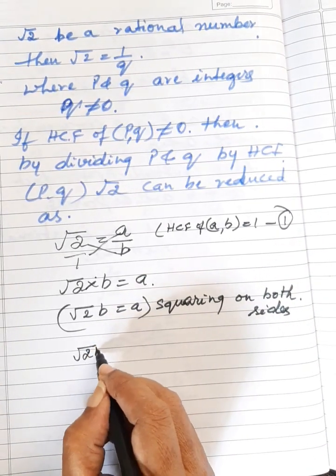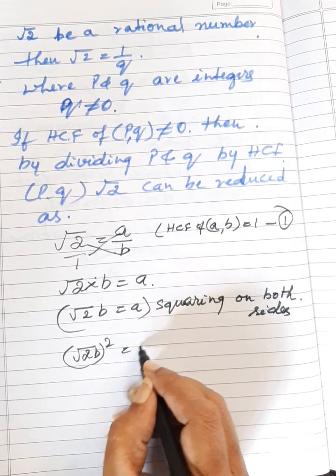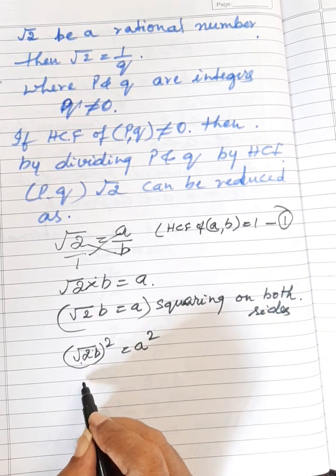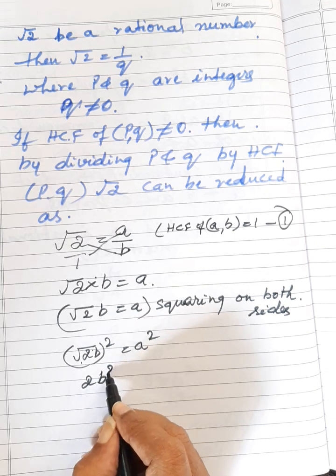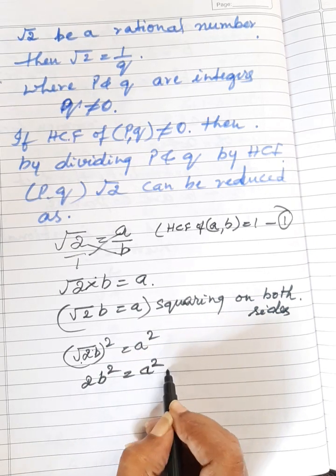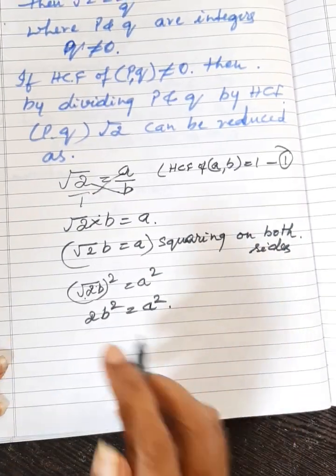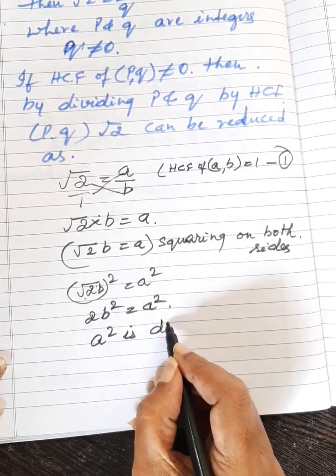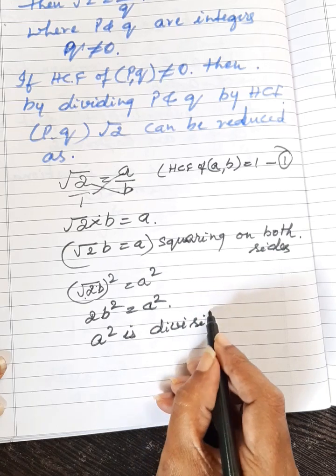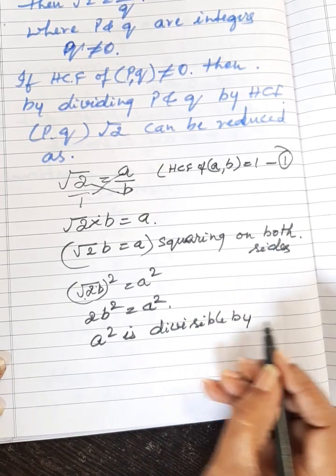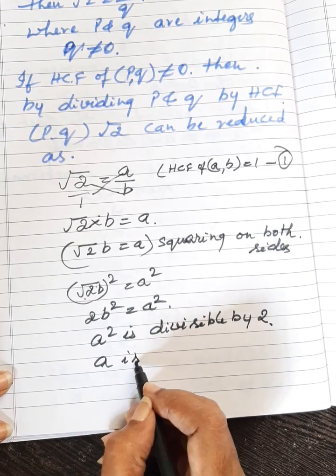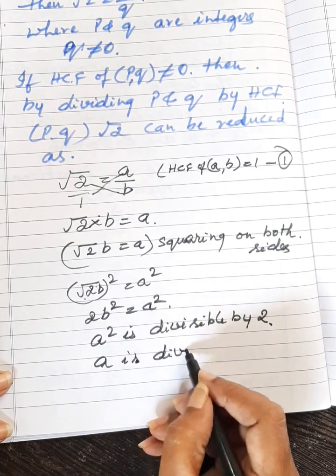Root 2B whole square is equal to A square. Root 2 whole square is root 4, square root of 4 is 2. 2 into B square is equal to A square. Now A square is divisible by 2. Okay. Then A is also divisible by 2.